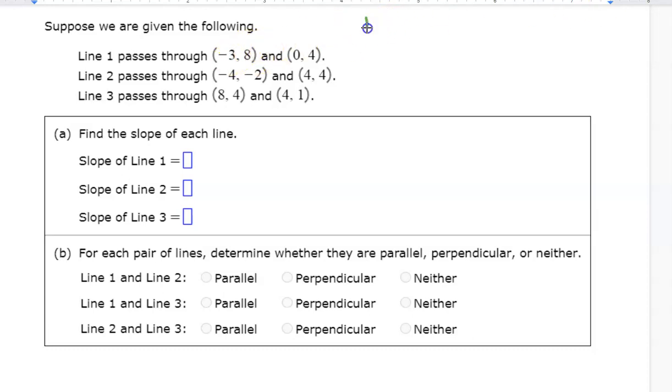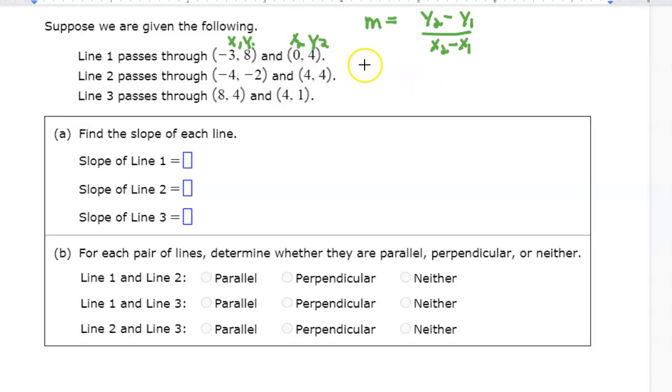Remember, slope is going to be y2 minus y1 over x2 minus x1. Okay, you've seen this, you've done this, it should be pretty straightforward. Let's go ahead and label everything: x1, y1, x2, y2.